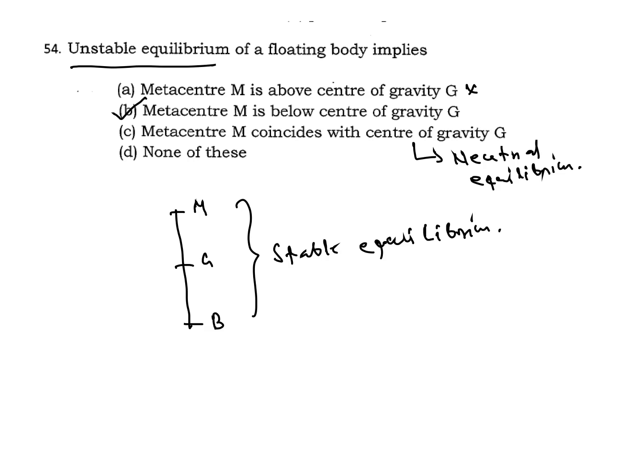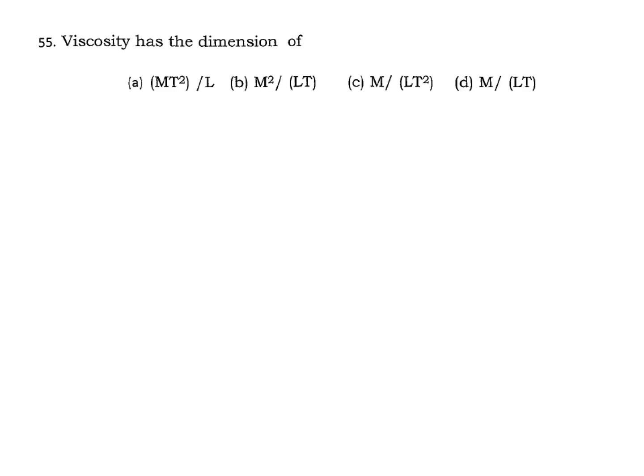Viscosity has the dimension of, two methods we can apply here. We know viscosity unit is Pascal into second. So it's Newton per meter square into second. Newton is kg meter per second square, into second, divided by meter square.